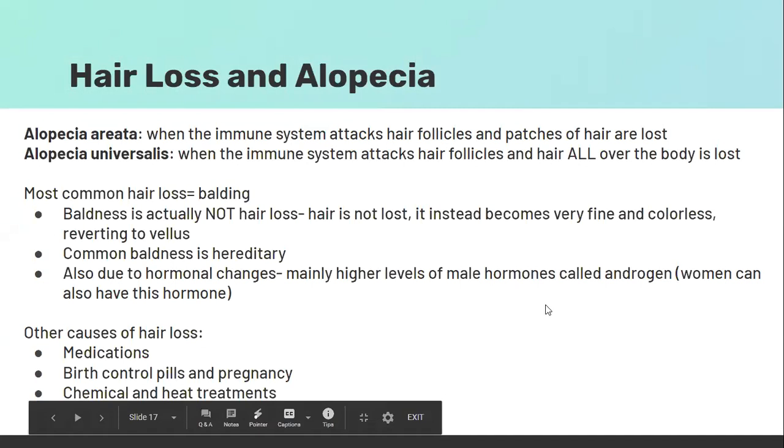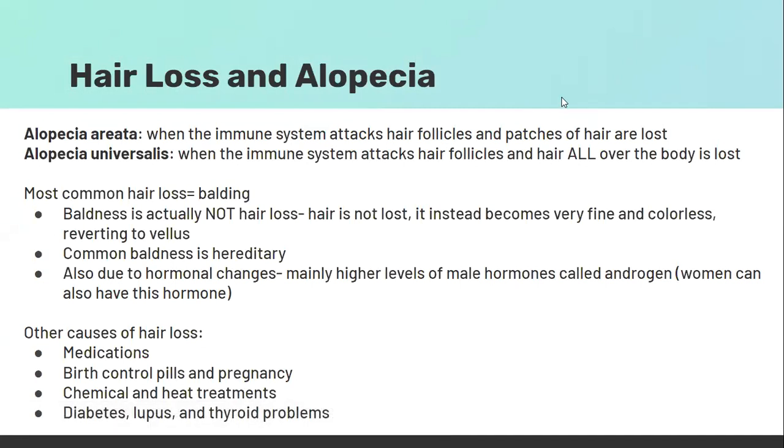There's also hair loss and alopecia, which is associated with the hair. You might know someone or have heard of it, and you might notice that they don't have hair growing on their body. There's two types of alopecia. Alopecia is an immune system disorder, where the immune system attacks hair follicles and patches of hair are lost, and that's alopecia areata.